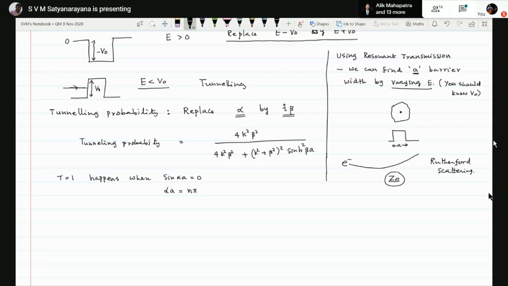Let lambda be the wavelength in region 2, that is, in the barrier region.